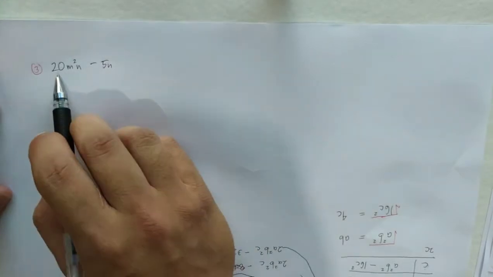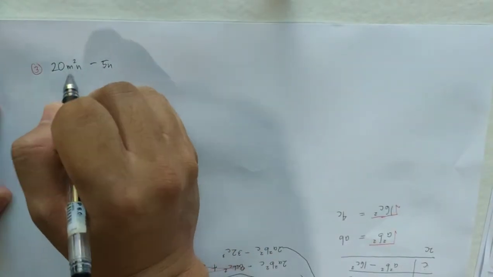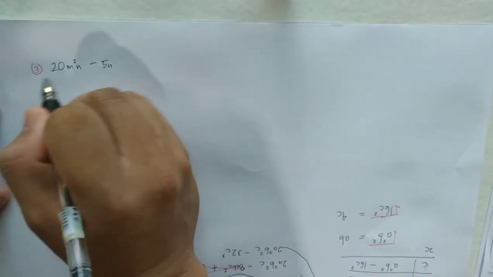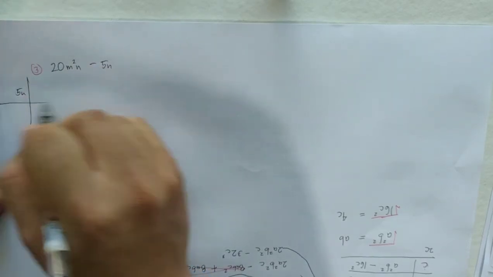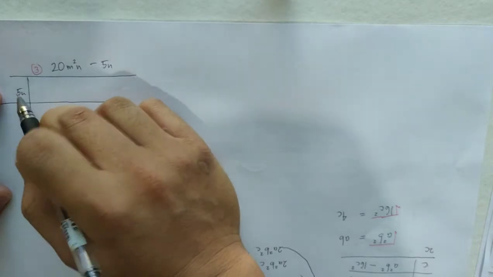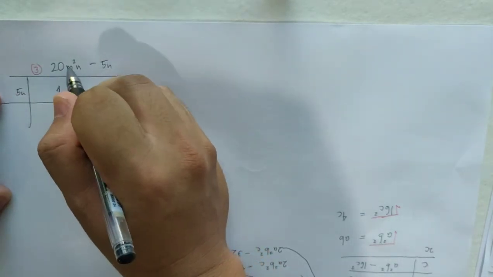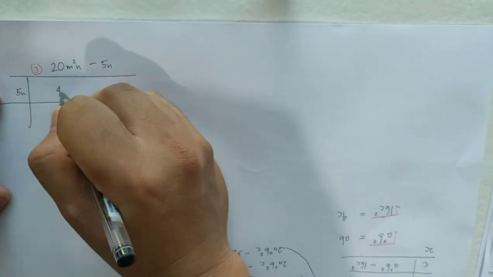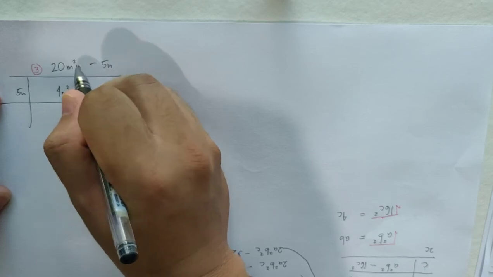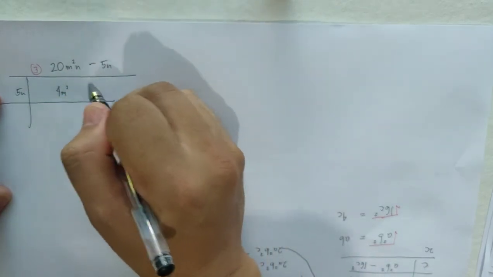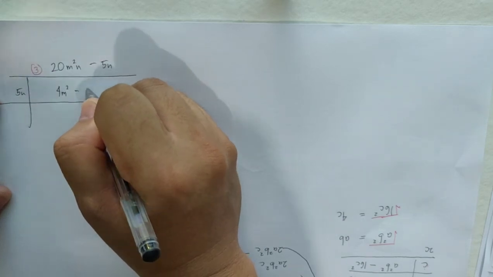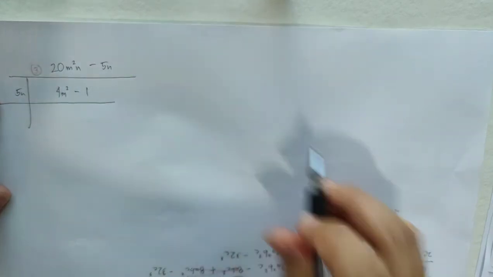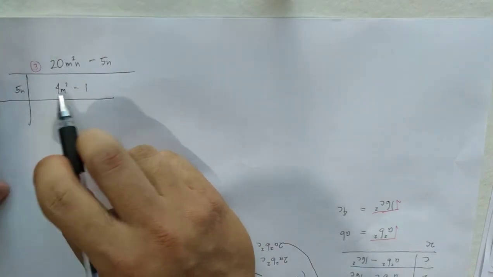So, they are both divisible by 5 and they both have the variable n. So, diretso na natin. Divide natin sa 5n. So, 20 divided by 5 is 4. Copy yung m squared since walang m dito. And n divided by n, mawala na siya. Next, 5n divided by 5n is equal to negative 1. Now, para silang perfect square.